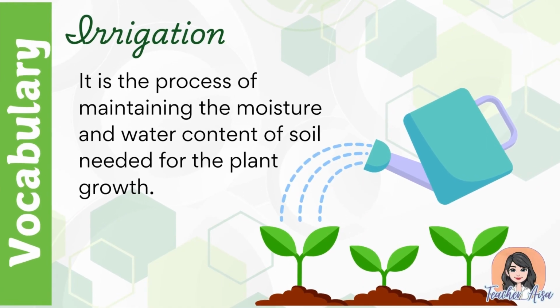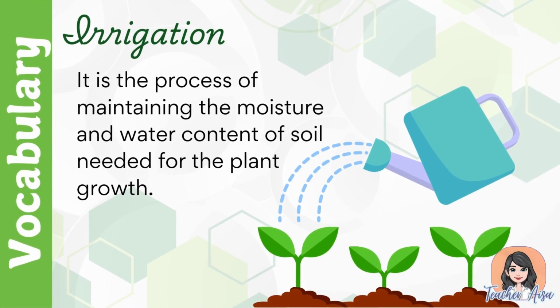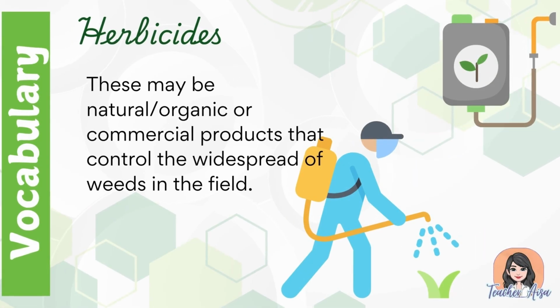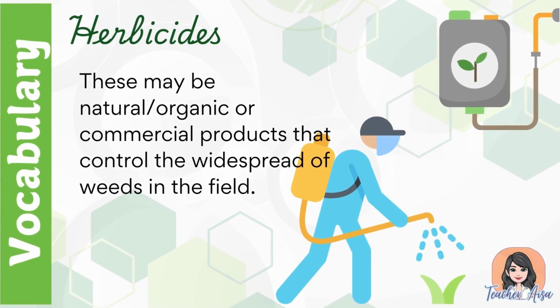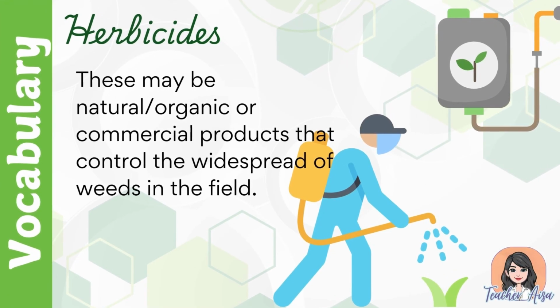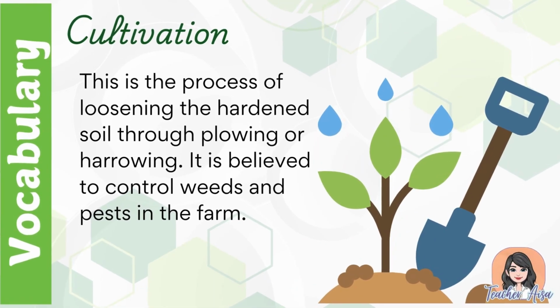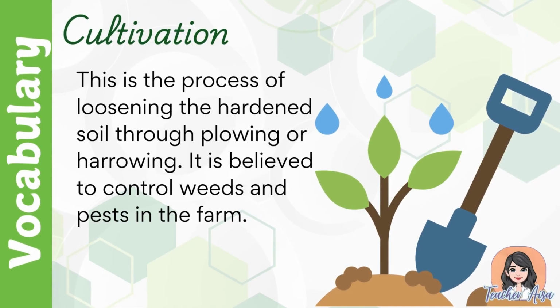Irrigation. It is the process of maintaining the moisture and water content of soil needed for the plant growth. Herbicides. These may be natural or organic or commercial products that control the widespread of weeds in the field. Cultivation. This is the process of loosening the hardened soil through plowing or harrowing.